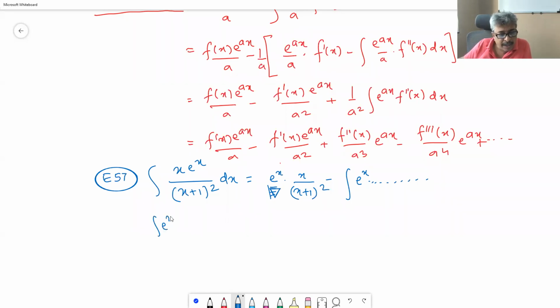Integral e raised to x f dash of x is equal to u into integral of v. Suppose you consider e raised to x as u because you have derivative of f of x here. If you consider u as e raised to x and f dash of x as v, see here, that is why LIATE is a thumb rule and it is not a theorem, because sometimes you have to be flexible.